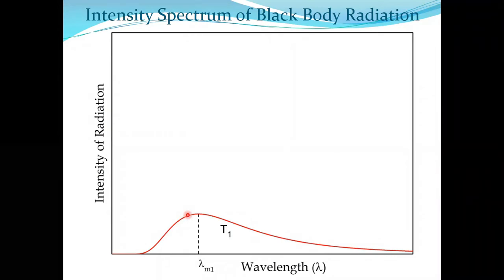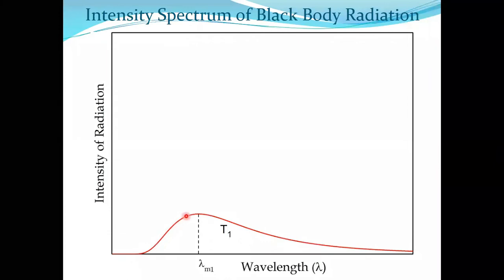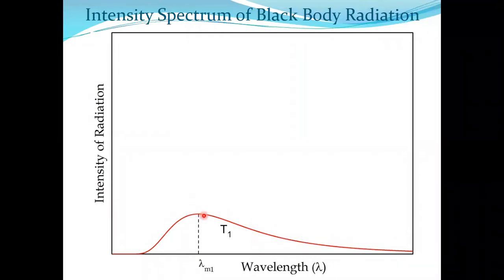So intensity is not the same for all wavelengths. What we can say is that intensity increases first with increasing wavelength, reaches a maximum, then decreases with increasing wavelength. That's what happens. So this is the practically observed pattern.